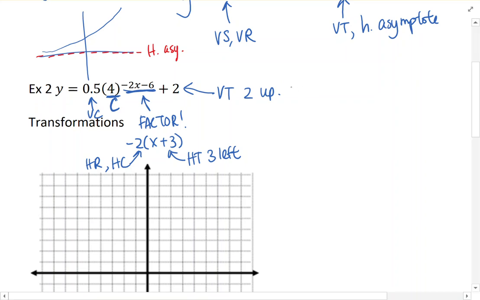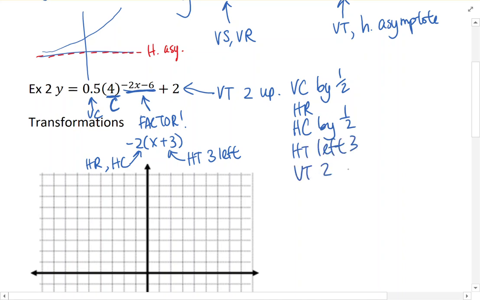We have a vertical compression by half, a horizontal reflection, a horizontal compression by half, a horizontal translation left 3, and a vertical translation 2 up. And this is also our horizontal asymptote.